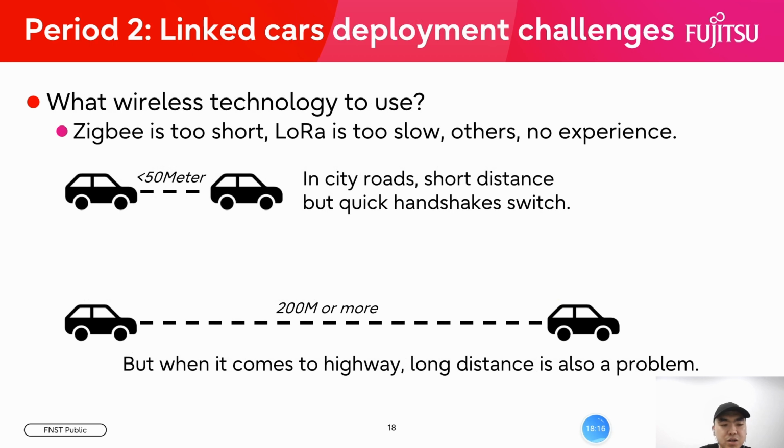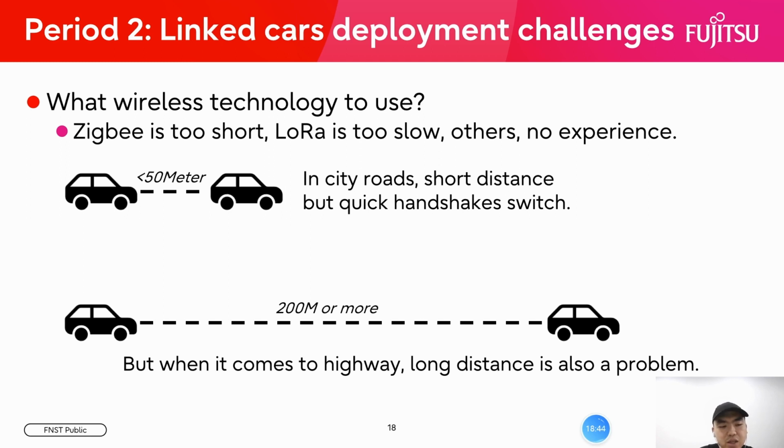In the Link Cars demo, I will face some development difficulties. The first is the specific technology of wireless communication. I know that the working distance of Zigbee is too short and the speed of LoRa transmission is too slow, and I have no experience with other communication technologies.